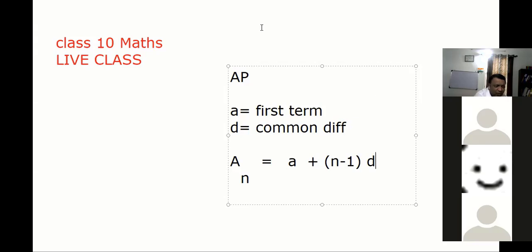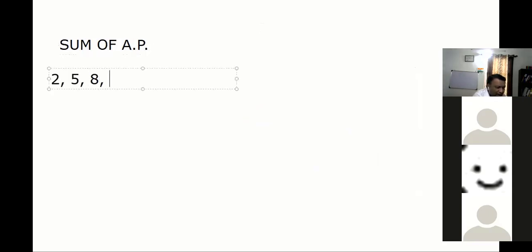Now today we are going to talk about the sum of an arithmetic progression. Suppose some series is given. Listen very carefully. Suppose I give an AP like 2, 5, 8, 11, 14.